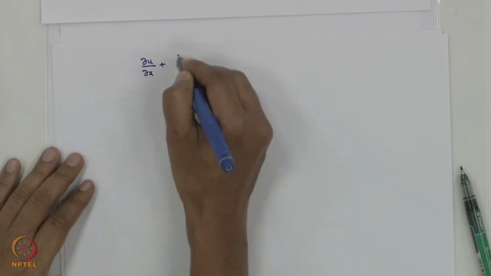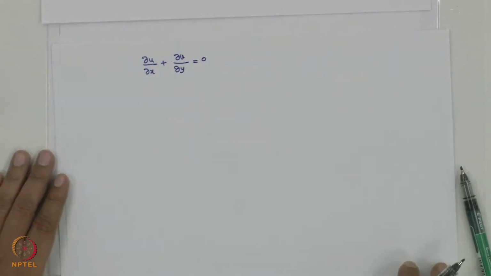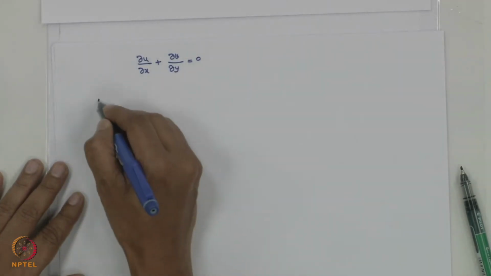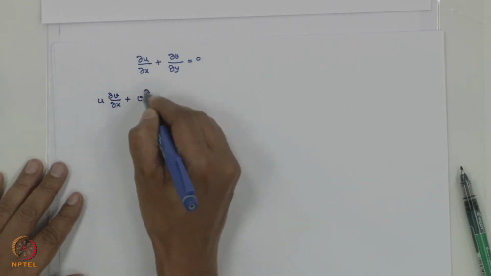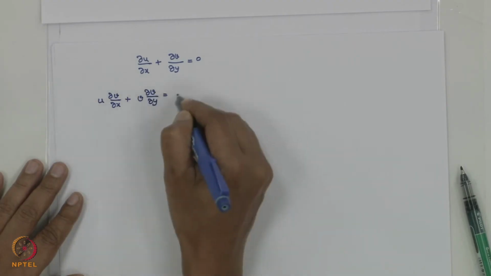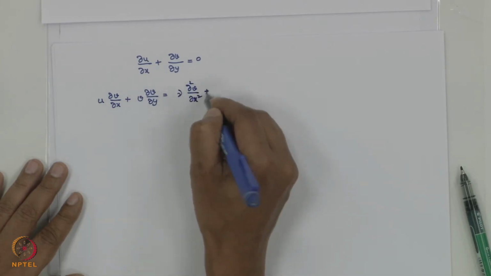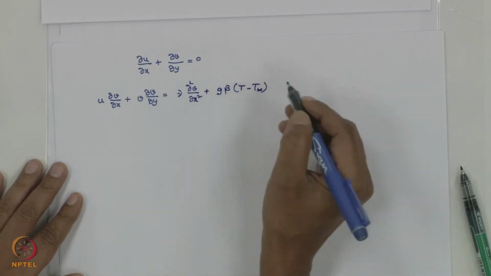My continuity equation would be del u by del x plus del v by del y equal to 0, and as usual I will have only the y momentum equation, there will be no x momentum equation. So you have u del v by del x plus v del v by del y equal to nu del squared v by del x squared plus g beta (T minus T infinity).